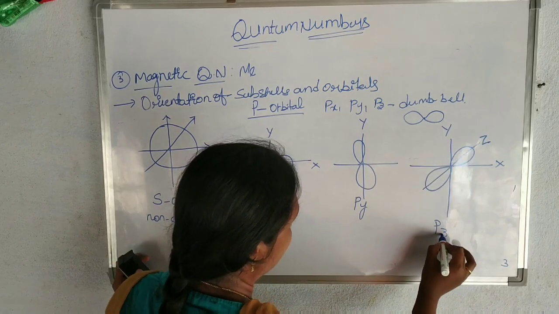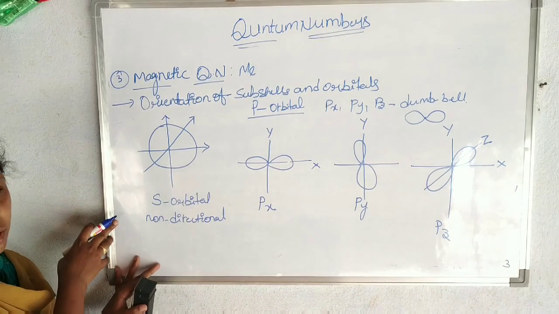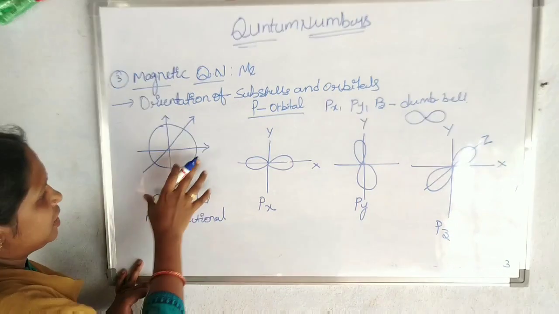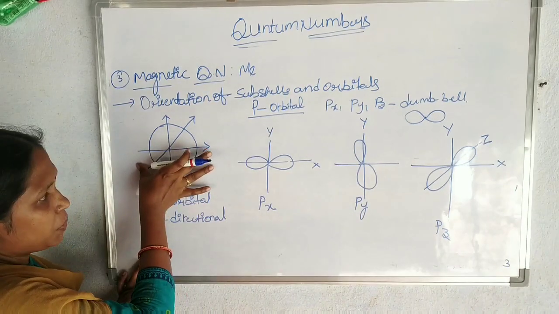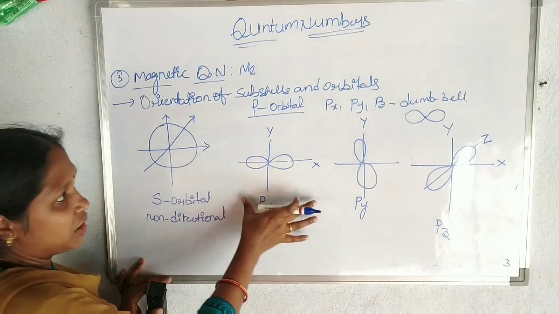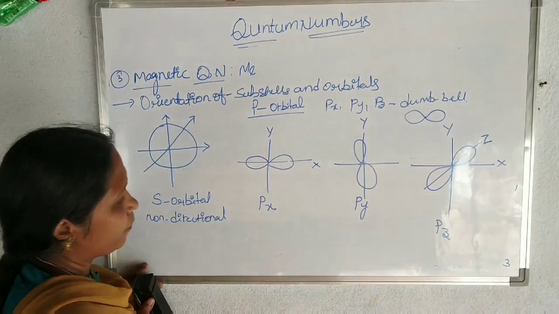This is about the orientation of the orbitals in a particular direction. Only the S orbital is non-directional, but the P, D and F orbitals are directional.